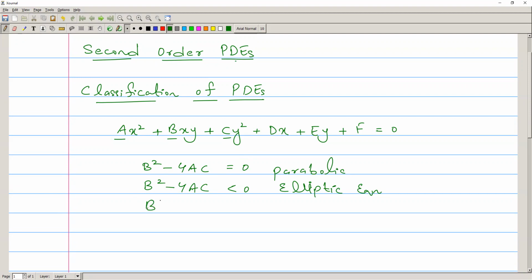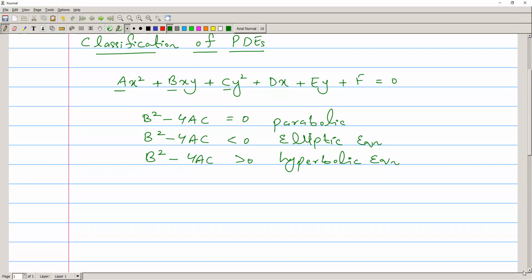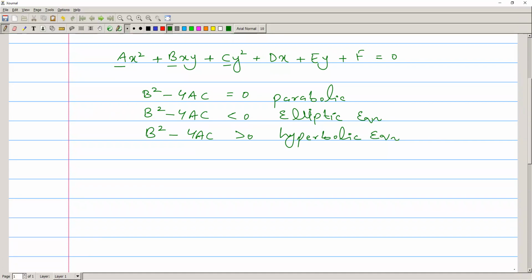And when b squared minus 4ac is greater than 0, we said that this is a hyperbolic equation. So in the case of second order partial differential equations, the classification will be done by the same method. We will check whether b squared minus 4ac is equal to 0, less than 0, or greater than 0.